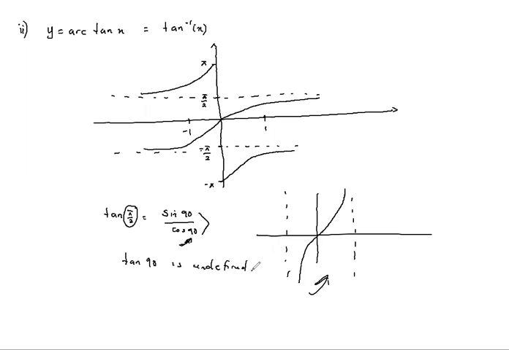So because it's undefined, when we go to the graph, we'll put dotted lines where there is 90 because we don't know the value of tan in there. That's why they have appeared here. Just to remind us that tan is undefined at 90. Is that okay?